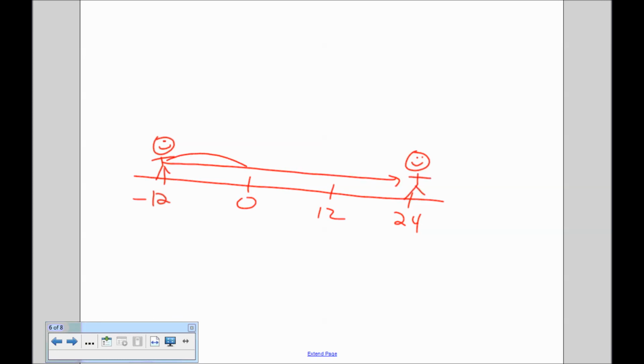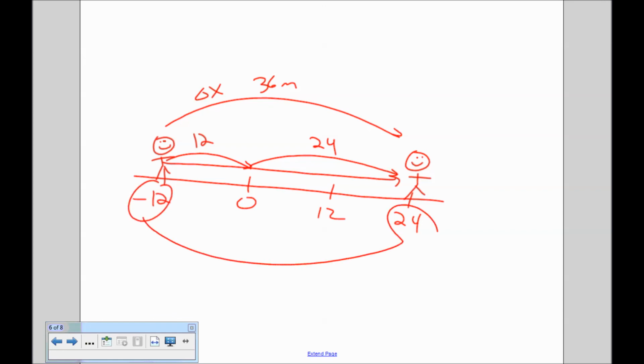So to do that, you got to go 12 meters to get to 0. Another 24. 12 and 24 is a total of 36 meters, right? There we go. All right, so that's all that's going on there. That's our displacement. We're walking from -12 all the way up to 24, so our displacement is going to be 36 meters. Okay?